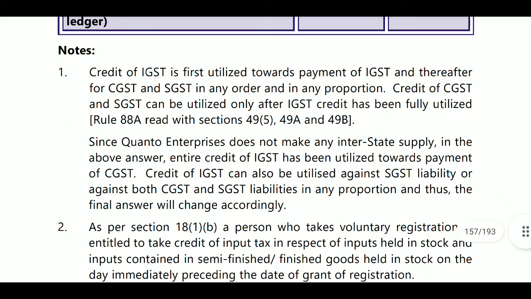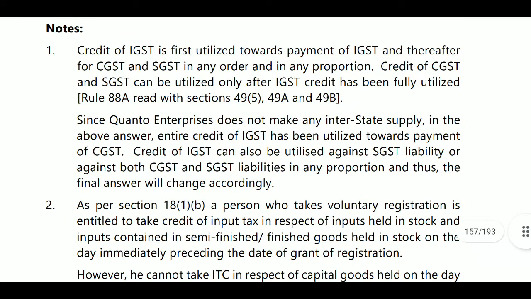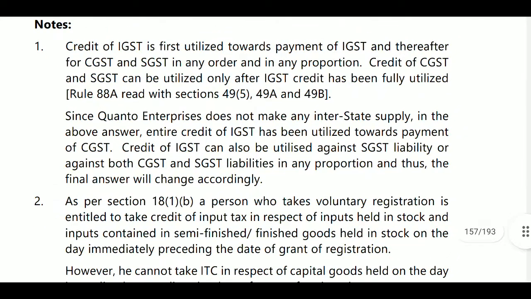Next, note: credit of IGST is first utilized towards payment of IGST, and thereafter for CGST and SGST in any order and in any proportion. Credit of CGST and SGST can be utilized only after IGST credit has been utilized. You must utilize IGST credit first as per Rule 88A.